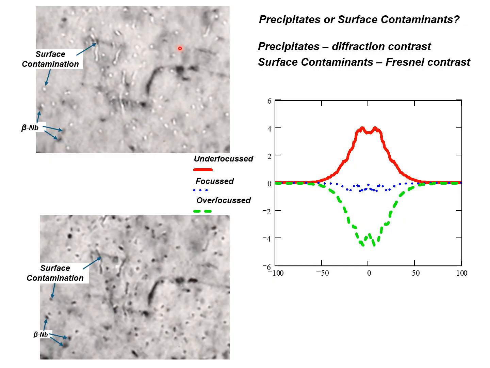Where I use that fact to some value is when I'm looking at small precipitates in neutron radiated zirconium niobium. We have small precipitates, which are a bit fuzzy here because we're out of focus to show up the surface contamination, and they're dark here as well.